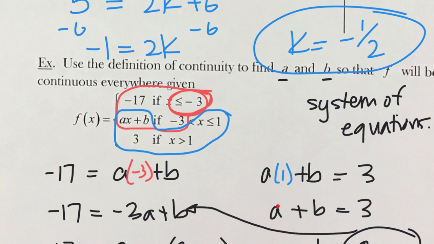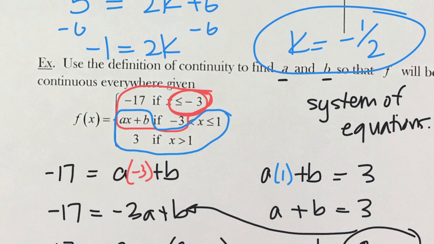Whichever one is easiest. Okay, you can solve for a or for b, does not matter. I chose b just because over here I don't have to multiply b by anything, right? I don't need to distribute. So I am just replacing b with 3 minus a. Okay, so that's why I chose to solve this one for b and replace it over there.